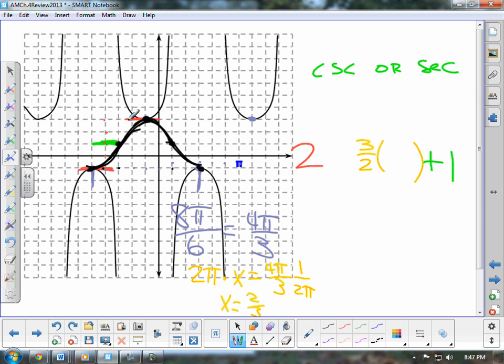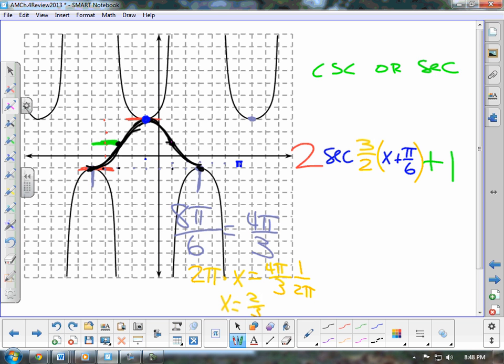All right, so now we have to decide what are we going to use, cosecant or secant. If we choose to start at this point right here, that's starting at the maximum, which is cosine, so that would be secant. And secant is shifted to the left, pi over 6, so x plus pi over 6 would be a good choice.